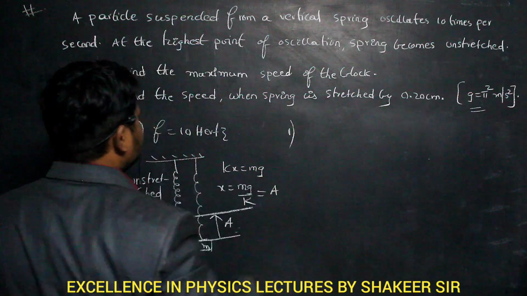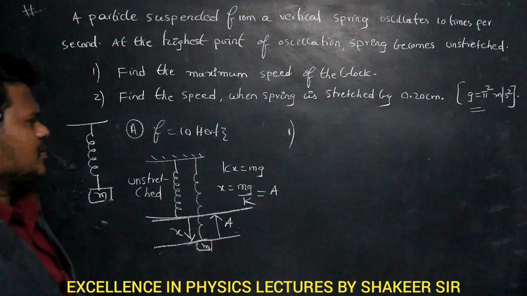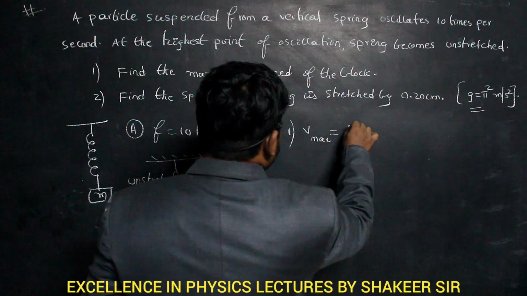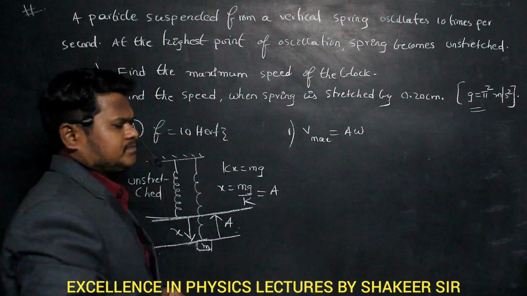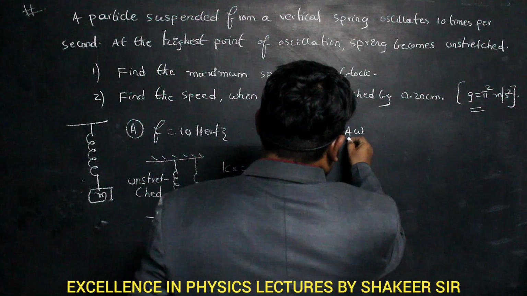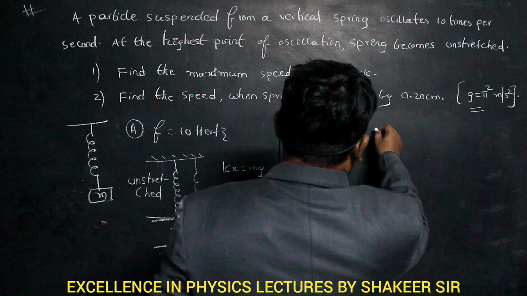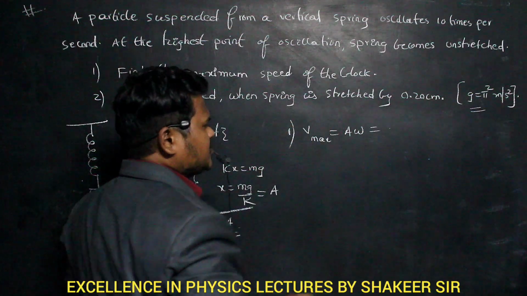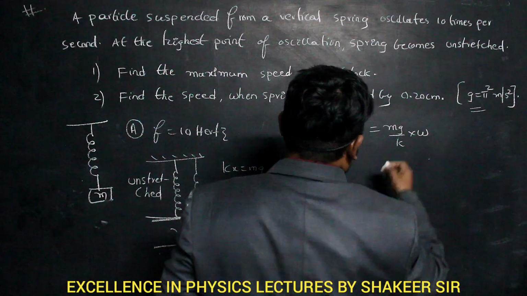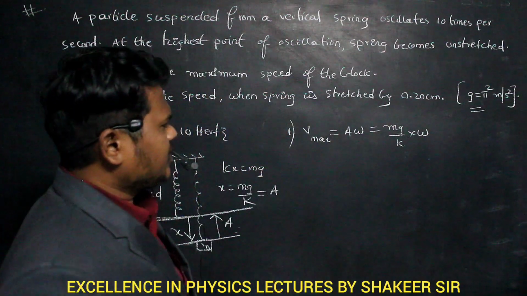The first question is, what is the maximum speed of the block? Maximum speed, as we have already discussed, is equal to A into omega. The A value we have already calculated, which is mg divided by k. So it is mg by k into omega. But the k value is not given.